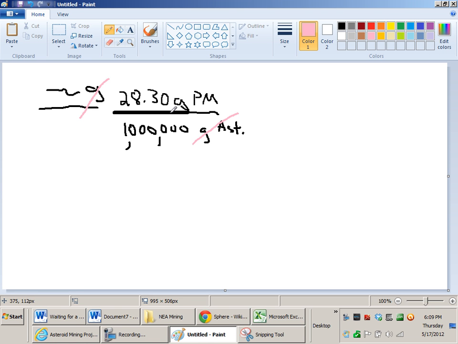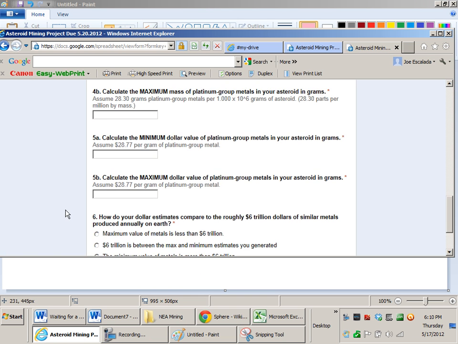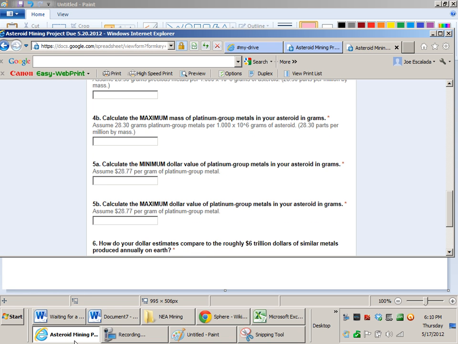And from there, there's another unit conversion we'll have to use to get from grams of platinum group metals to dollars. So what I quoted was, I think from a couple weeks ago. I don't think it's changed all that much, but I might be wrong. They changed a lot, so I don't really know.